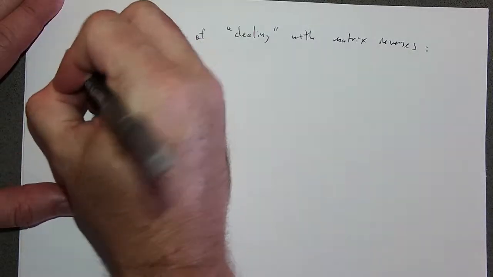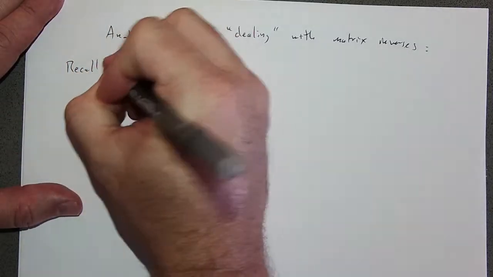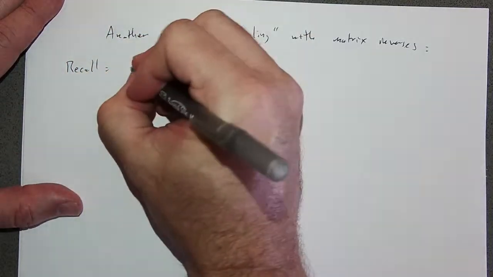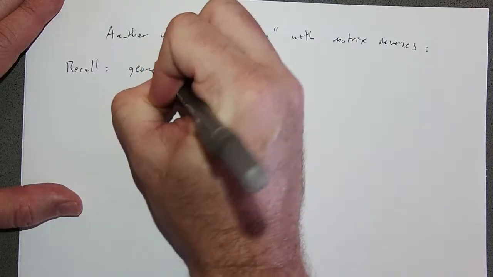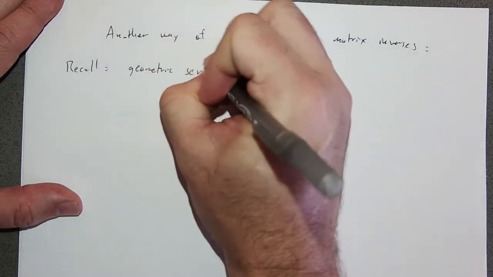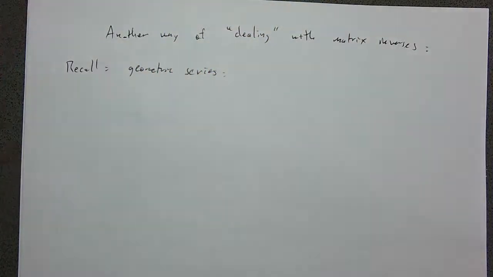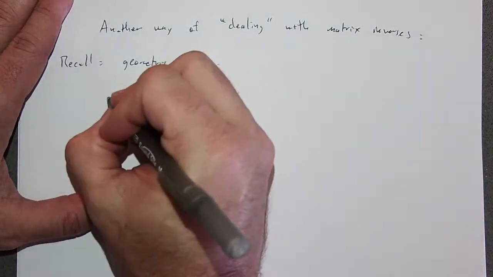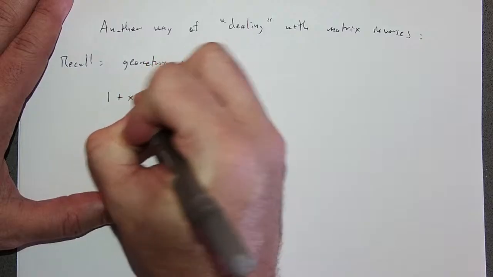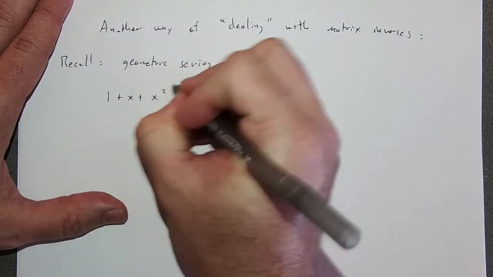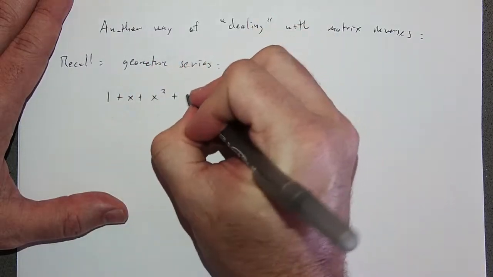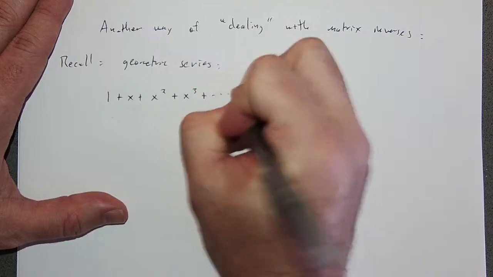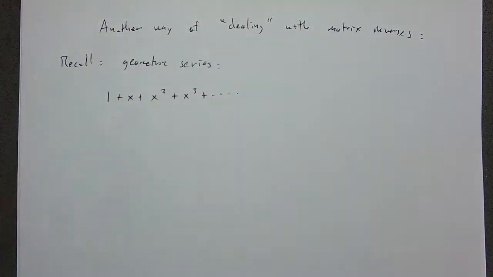Recall geometric series. What do I mean by that? What if I have the following thing? So I have a power series, but it's laid out like this.